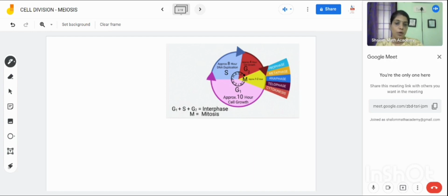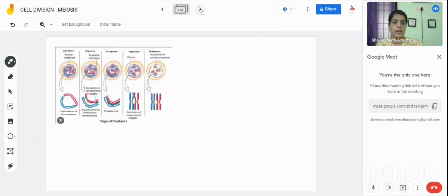In meiosis 1, what happens? We have prophase 1, metaphase 1, anaphase 1, telophase 1, and cytokinesis.